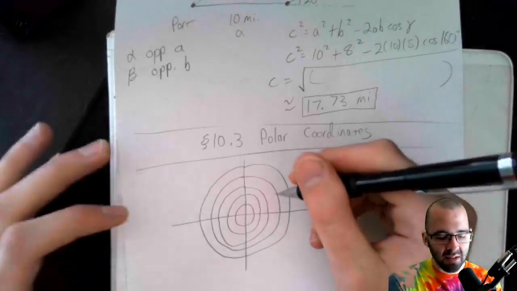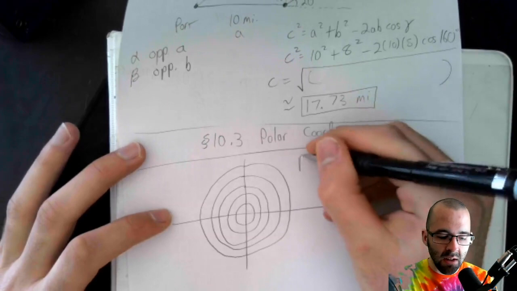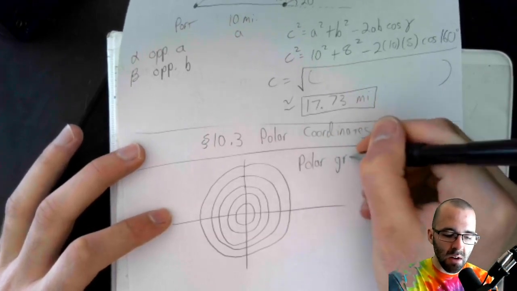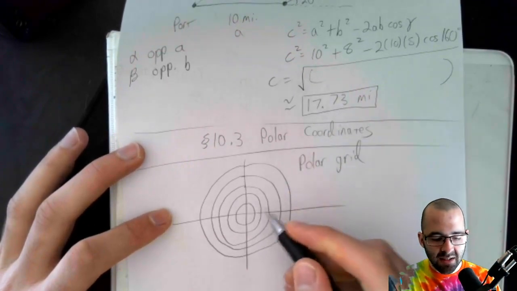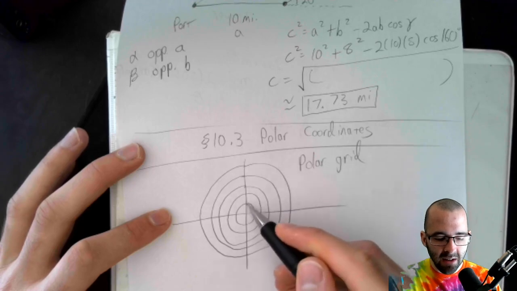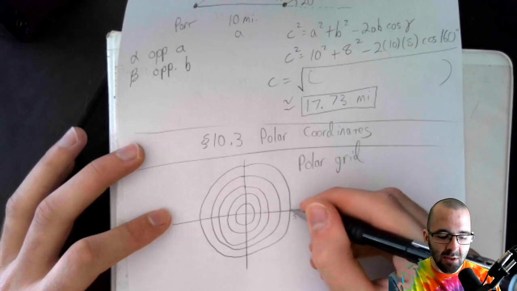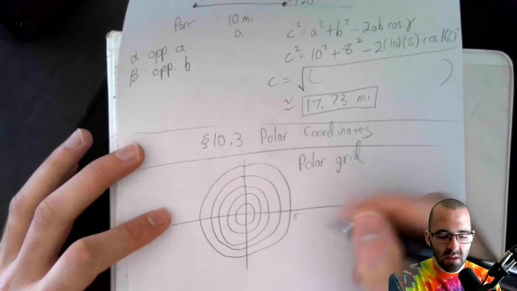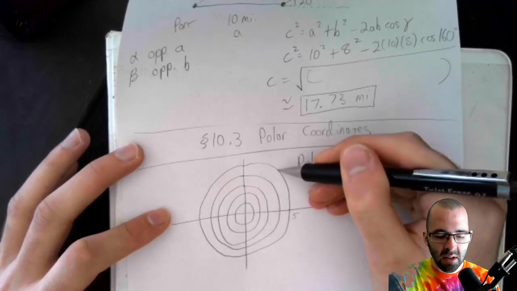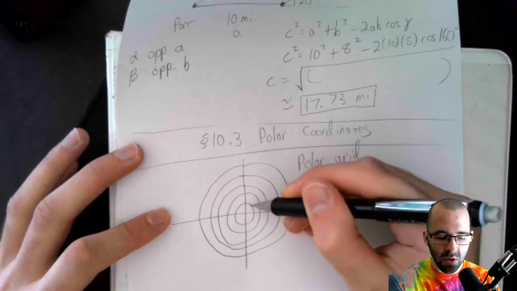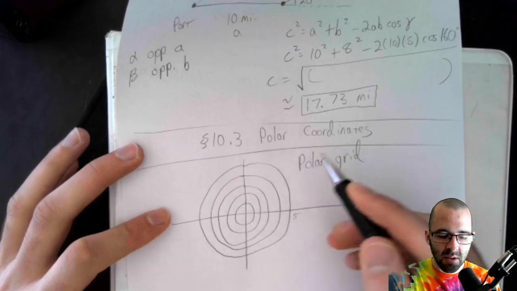So any point on this polar grid is a radius. So anything on here is radius 1, right? This is a unit circle. Anything on this last one is radius 5. So any point is just, what's your radius? 5, 4, 3, 2, 1. And what's your angle?